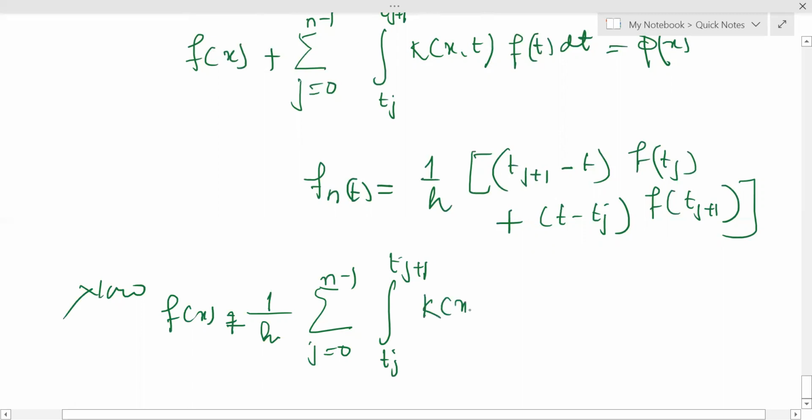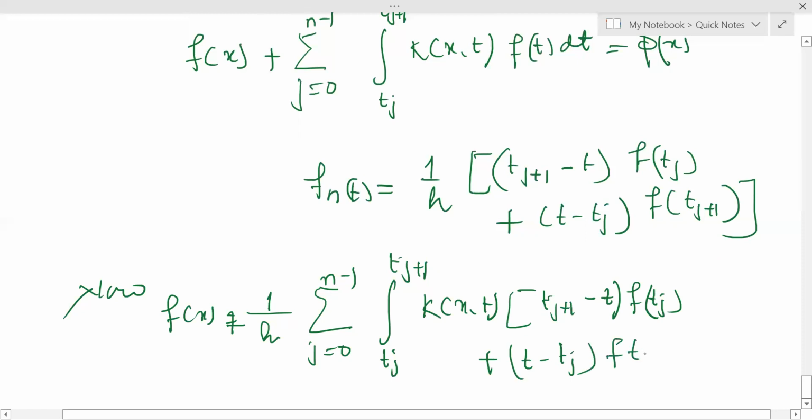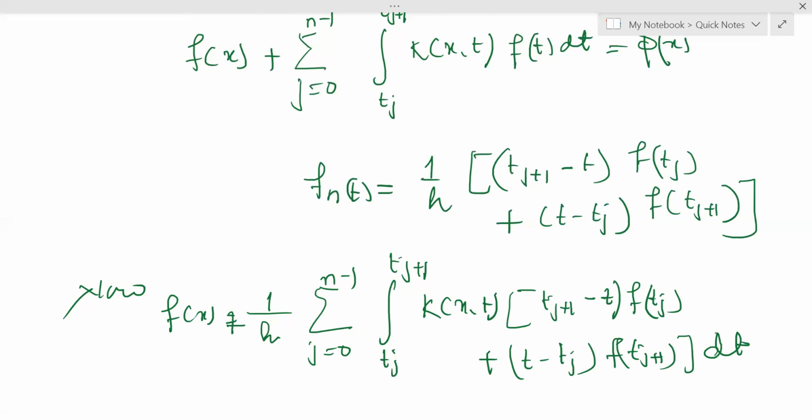The kernel function k(x,t), then that function becomes (t_{j+1} minus t) f(t_j) plus (t minus t_j) f(t_{j+1}), whole integration of dt, which is equal to φ(x).